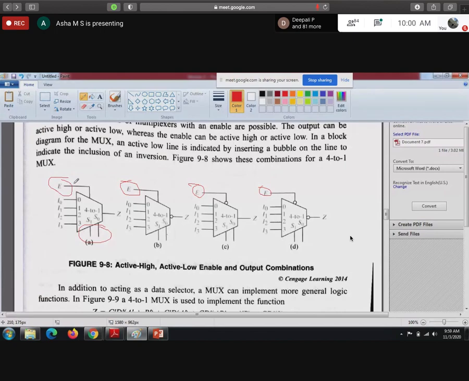So this is connected to the, means we will treat this enable as a fifth input. It will be treated as a fifth input.